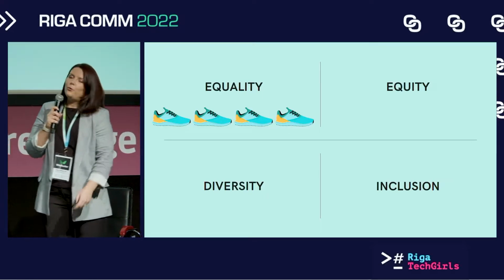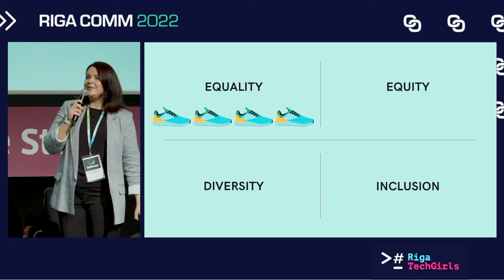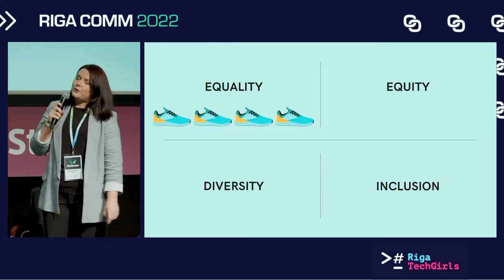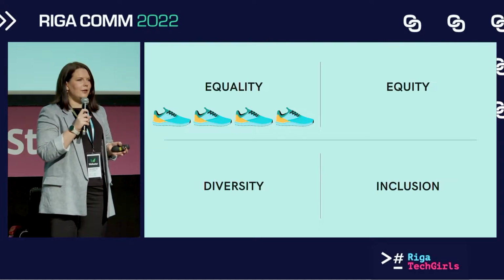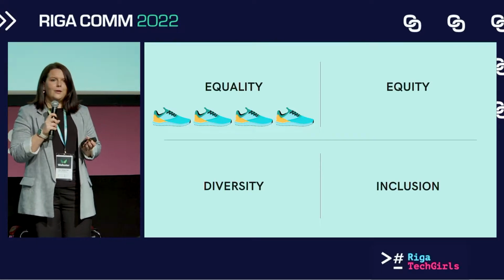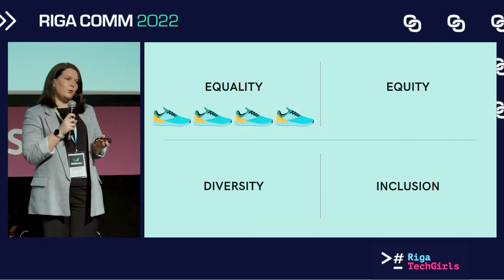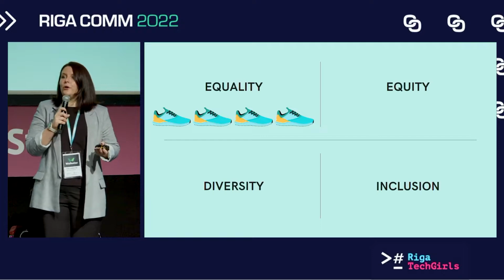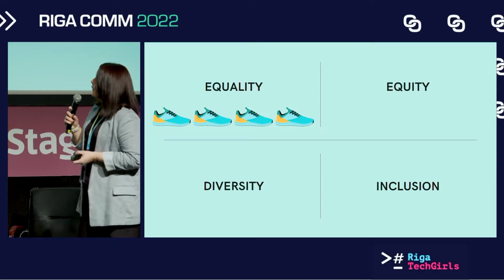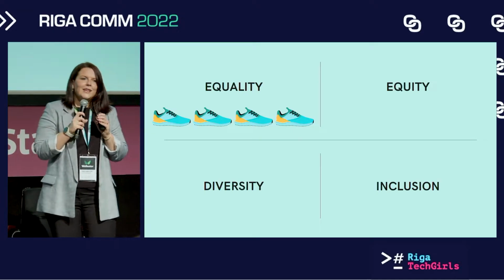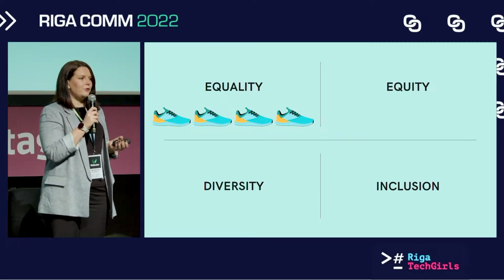Right. So there are 4 key components in E, I, and D. E stands for a few different things, but the main one that we tend to think about is equality. What equality means is that we have equal human rights, equal voting rights, equal opportunities for jobs, so we all get those 9-to-5 options, we all can get an opportunity to work. If I were to give you an example of a shoe, equality means that every single person gets a pair of shoes.